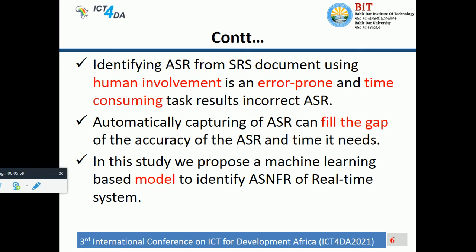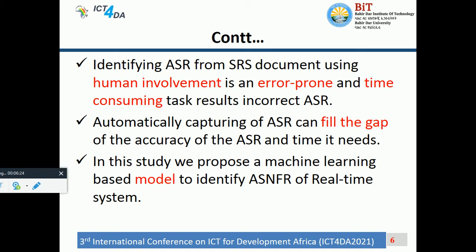Identifying ASR from the SRS document with human involvement is an error-prone and time-consuming task, which results in incorrect identification of ASRs. So automatically capturing ASR can fill the gap in the accuracy of ASR and the time it needs to identify the significant requirements from all of the requirements.